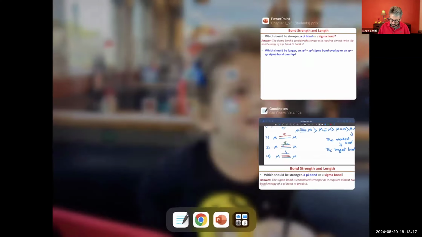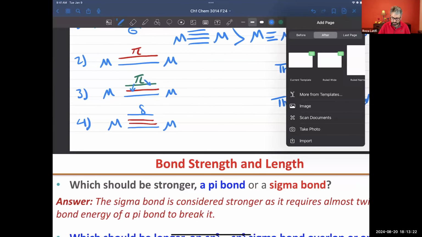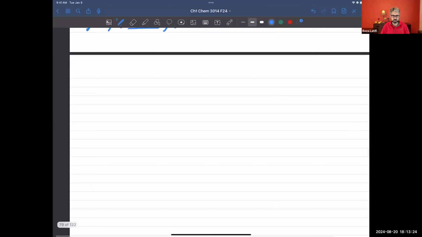What's the reason behind it? The s orbital is closer to the nucleus, so the more s we have, the stronger. In sp we have 50% s character and 50% p character.